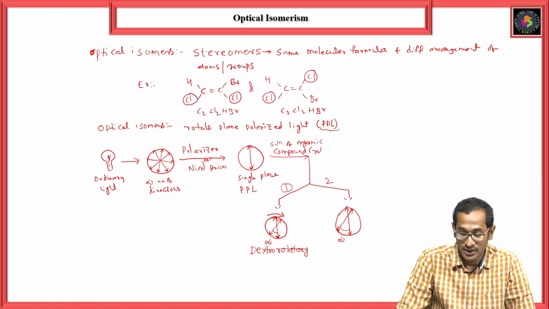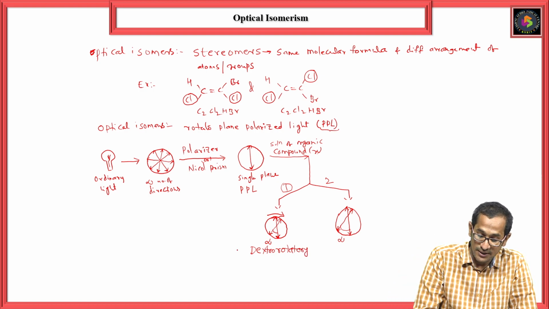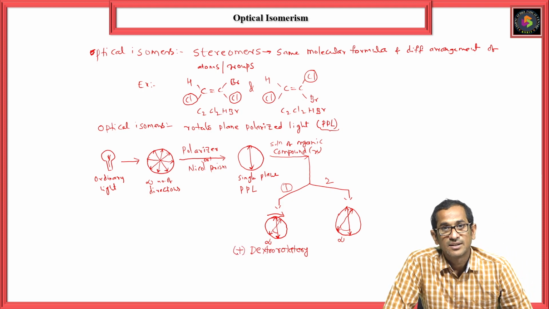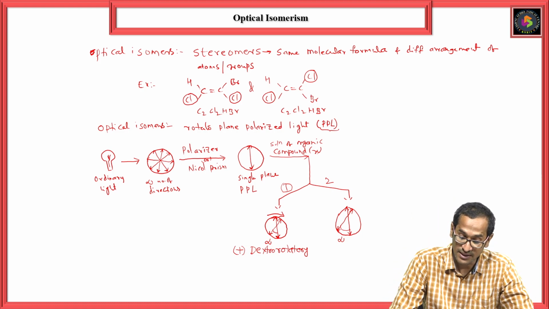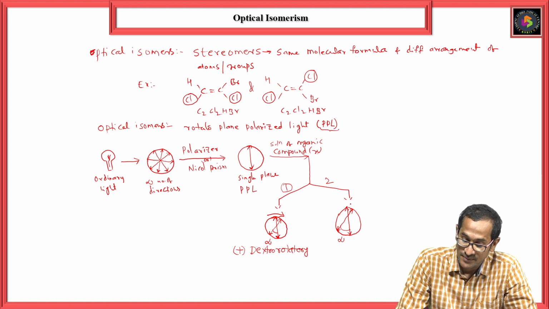The dextrorotatory is represented with a positive sign. And the same concept applies in case 2 here.